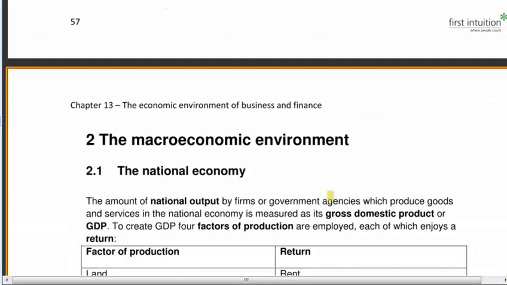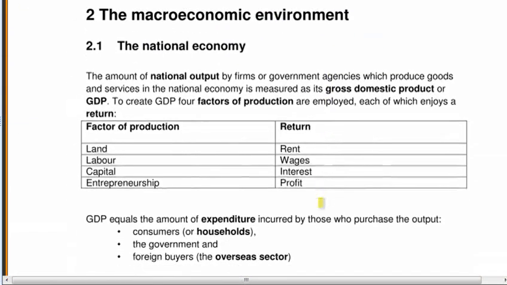Now, starting with the macroeconomic environment, the first thing we're doing in section 2.1 is talking about the national economy. And there are expressions here like national output, and we sometimes call this GDP, or gross domestic product. So this is the total output, the total value of all goods and services which your economy produces.